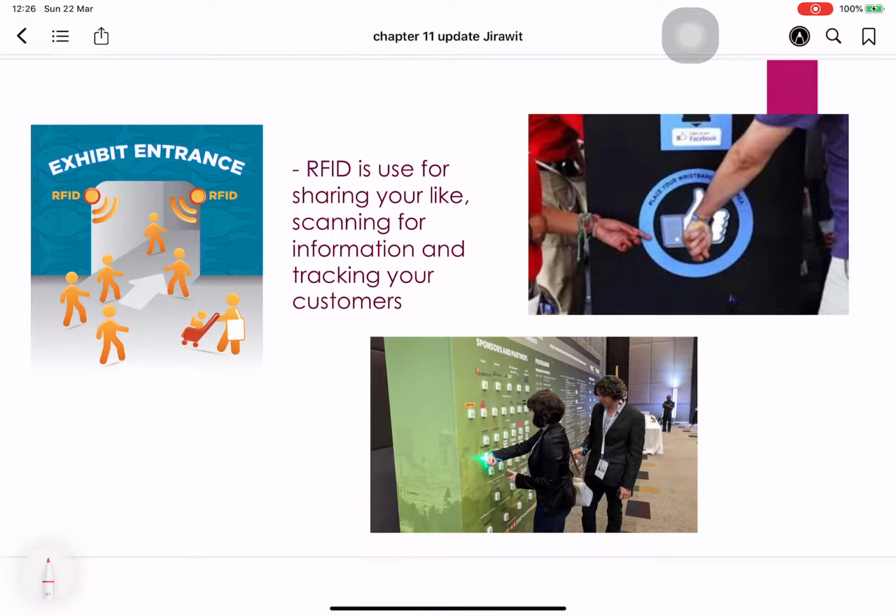This is an example of RFID used for scanning for information, scanning to get in and enter some places or events, and to log in for your work, for example. And you can use RFID for tracking your customers.